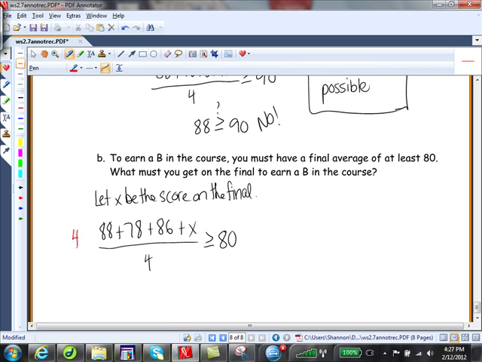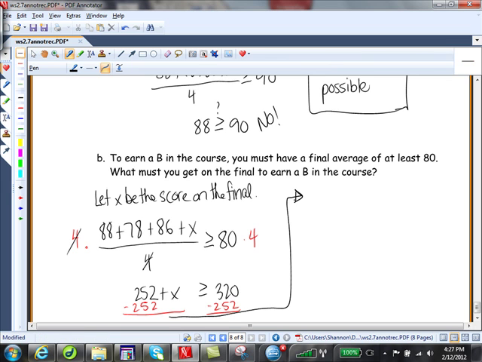So here, if we multiply both sides of the inequality by positive 4, this divides out and we will get 252 plus X is greater than or equal to 320. So subtracting 252 from both sides, we will get a result of 0 plus X is greater than or equal to 68.